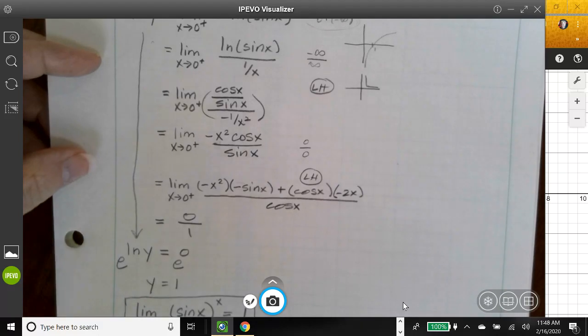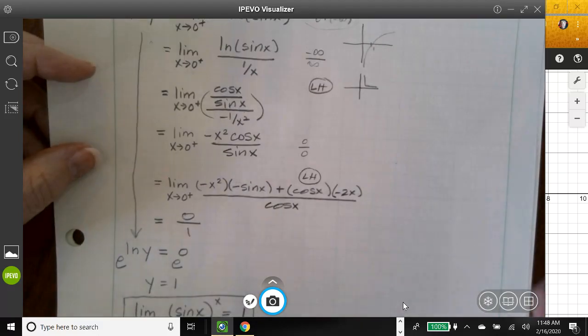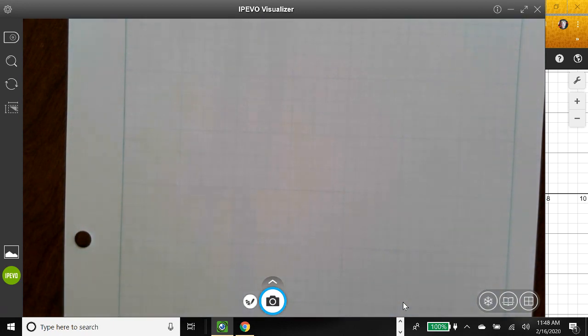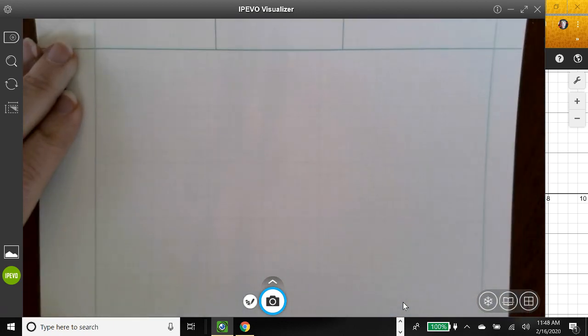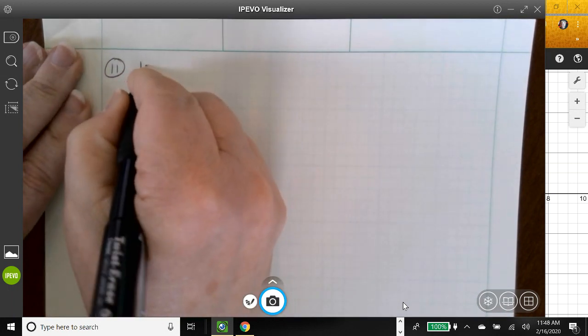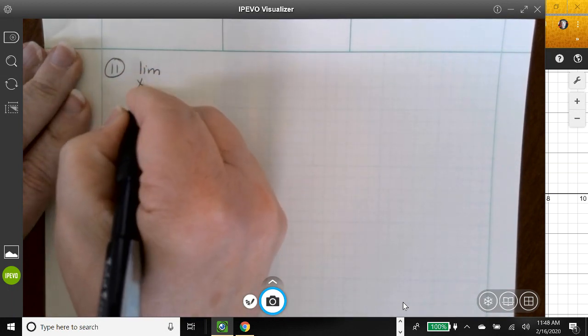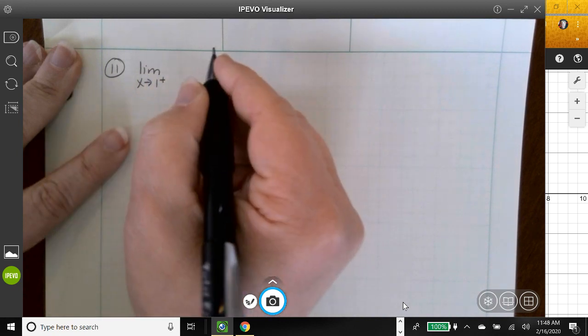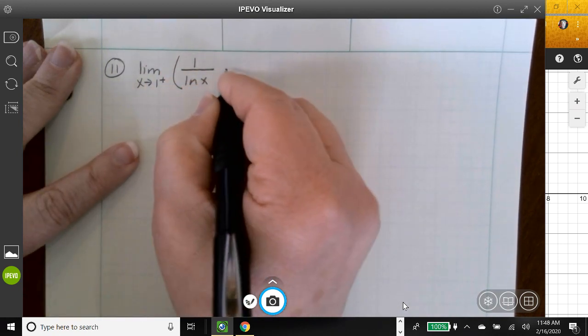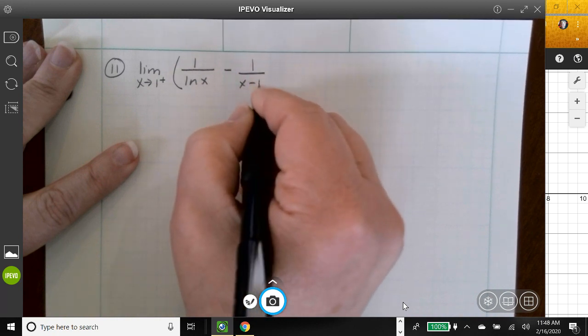Let's do number 11. Number 11. The limit as x approaches 1 from the plus side of 1 over natural log of x minus 1 over x minus 1.